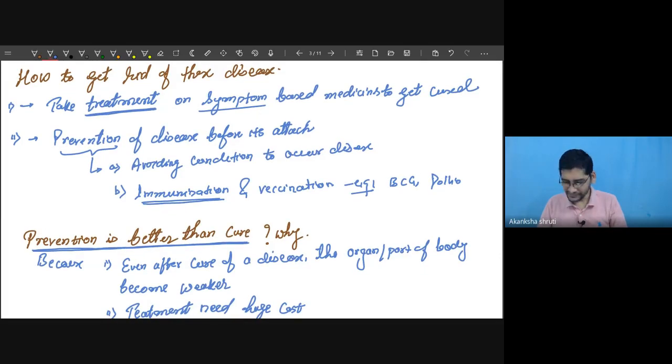Okay, student? So these are the things related to our disease. So here we have learned what is health, what is disease, then factors affecting the disease, then their symptoms, then their treatment, why prevention is better than cure. Okay, student?